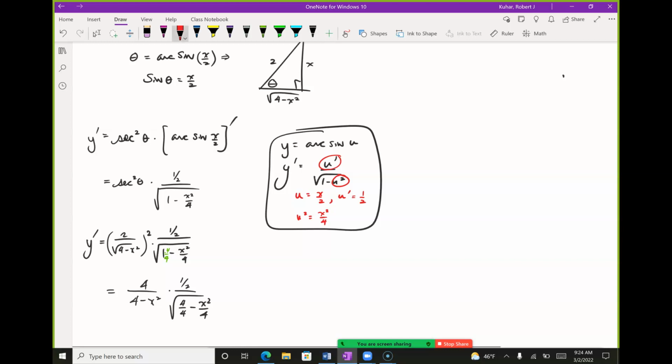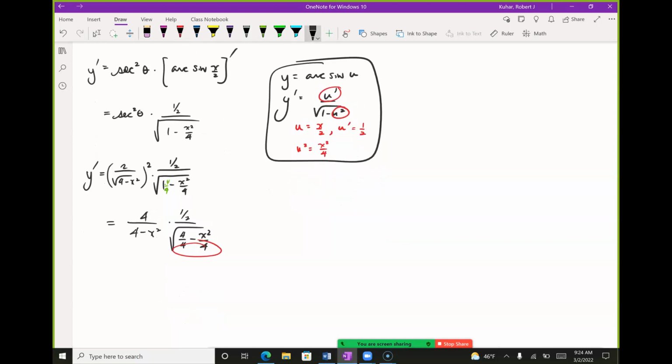I could take that 4 out, and it comes out as square root of 4. So y prime is 4 over 4 minus x squared times 1/2 over the square root of 4 minus x squared over 1/2.